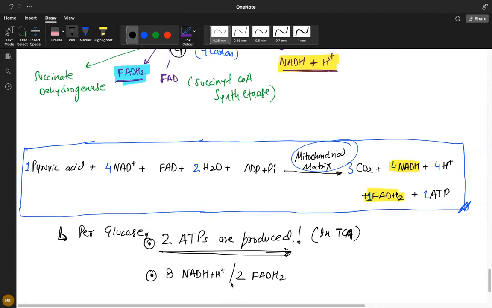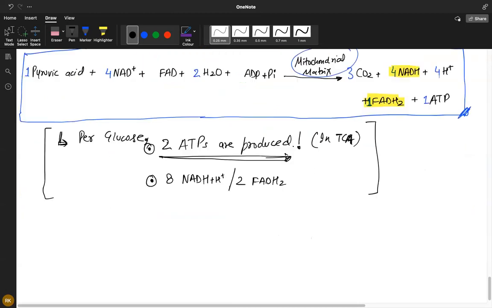This is a little convoluted, but do you understand this thing till TCA cycle? Perfect.